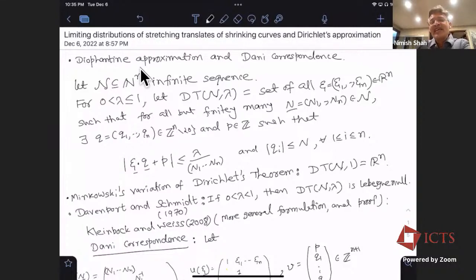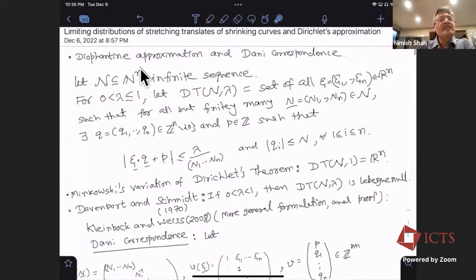Nowadays, this name is made famous by Dmitry Kleinbock, and he has really made great use of this observation of Dani in a lot of his amazing work. So let me just begin with one of the problems in the Diophantine approximation.